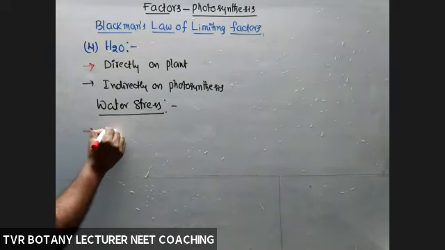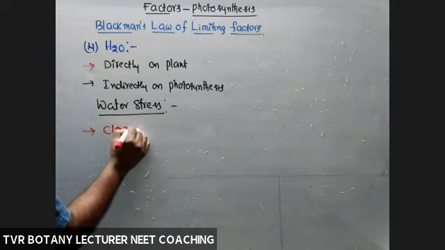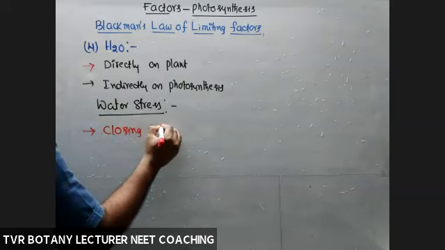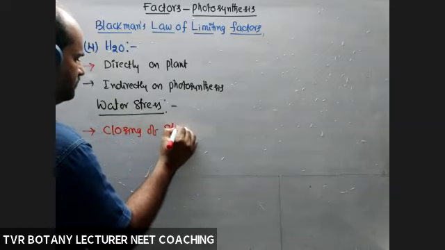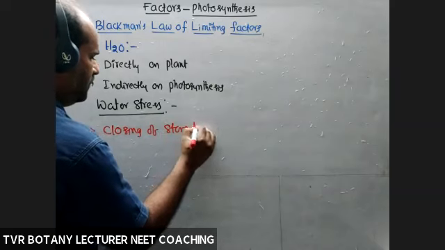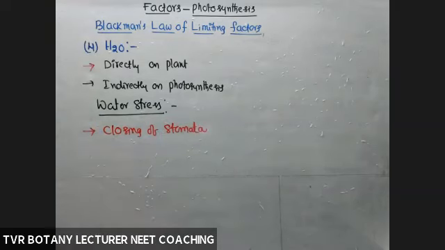First one, closing down of stomata. Under water stress conditions, in order to reduce the rate of transpiration, the stomata close down, sunken stomata restricted to pits, not exposed to sunlight. So if stomata close down, what about the impact?